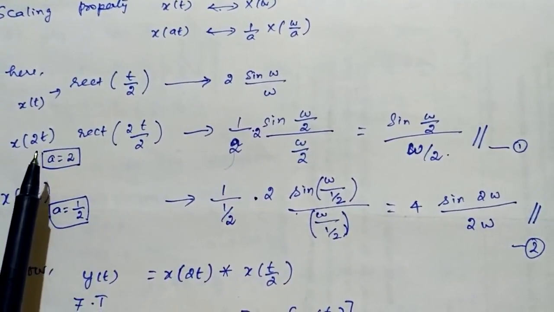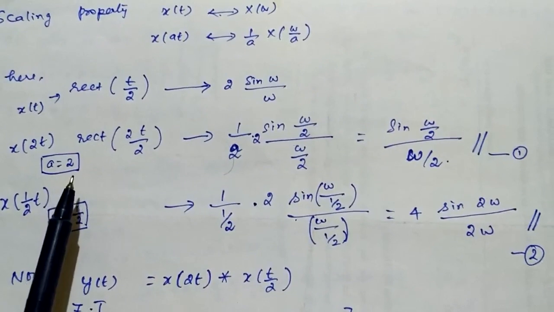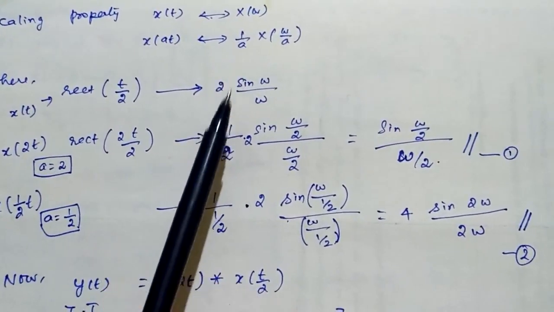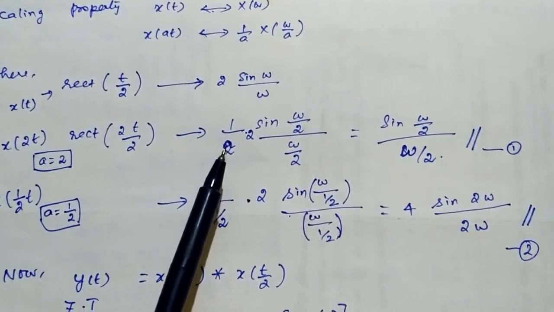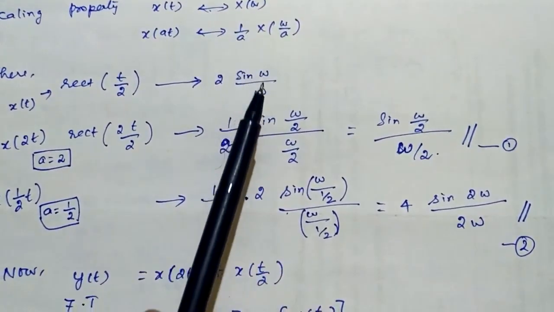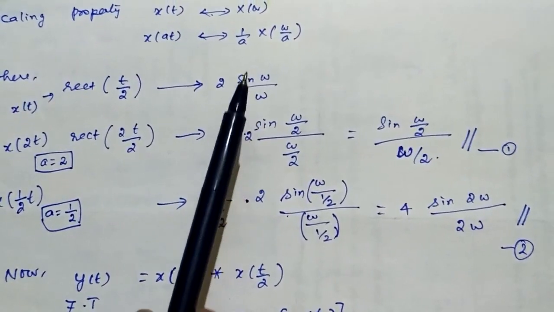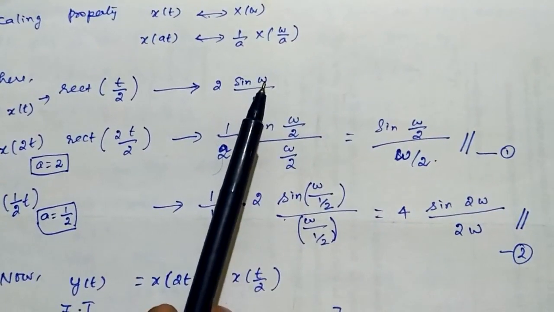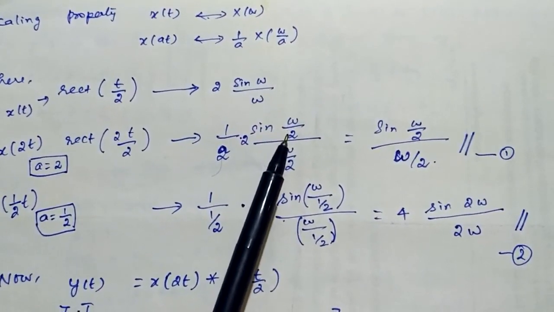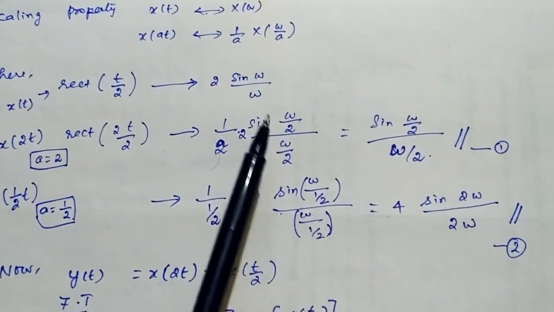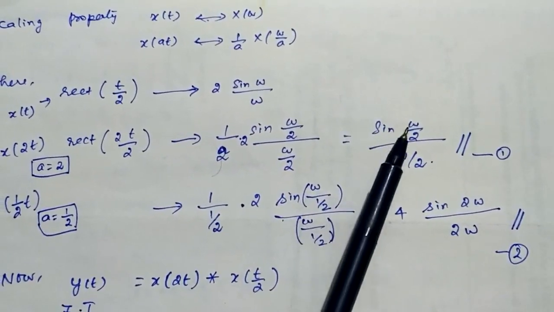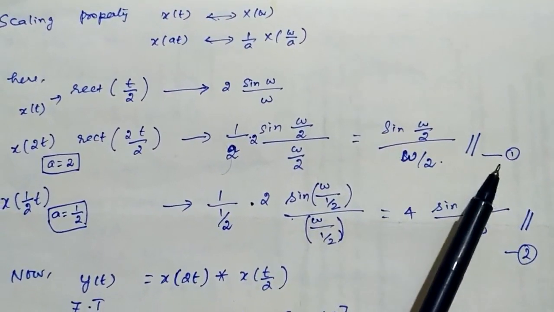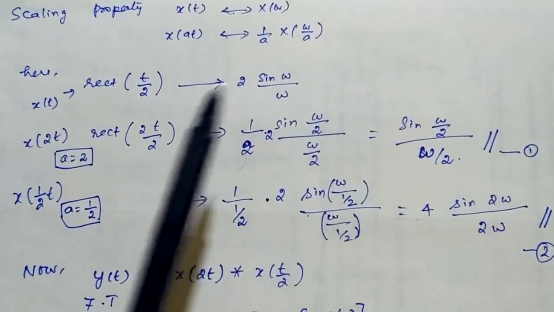Now the first one is x of 2t, where a is equal to 2, whose Fourier transform is 1 over 2, and there you replace omega with omega by 2. This can be simplified as sine of omega by 2 over omega by 2. Let it be equation 1.